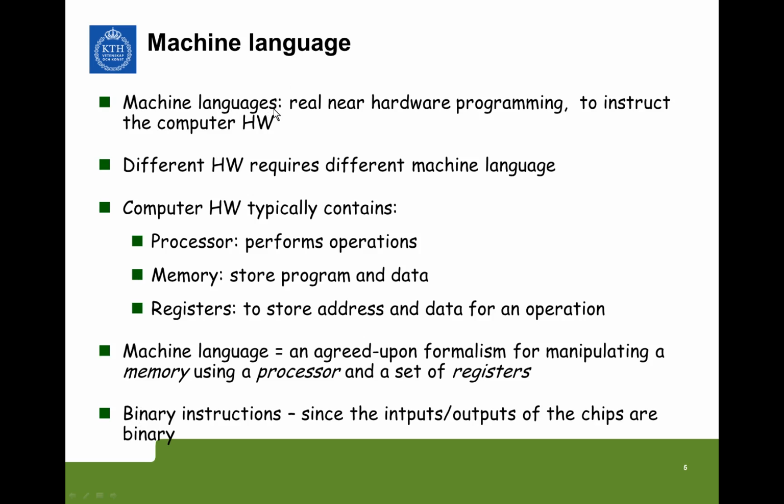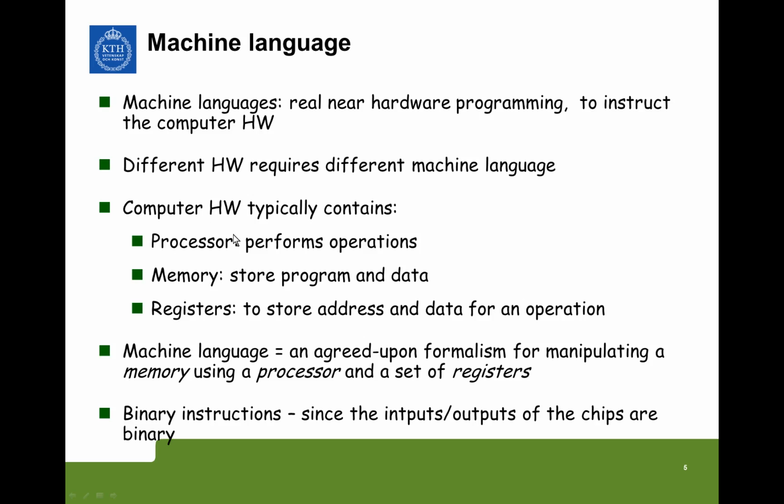Okay, machine languages in general are real near-hardware programming tools where we instruct the computer hardware directly. It also means that different hardware will require different machine languages. Still, a computer hardware typically contains a processor, right?